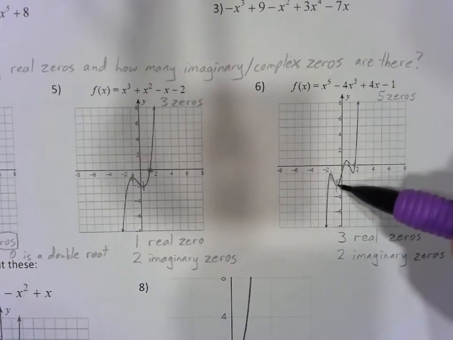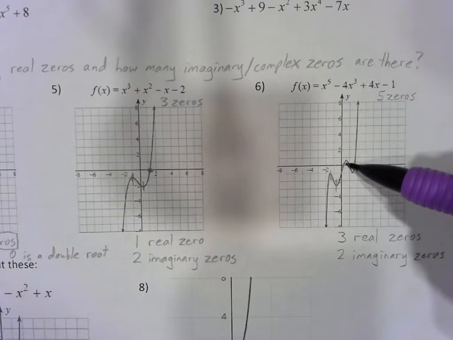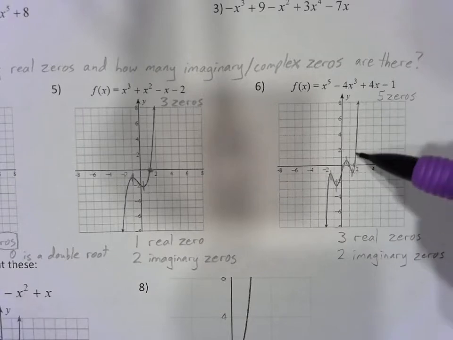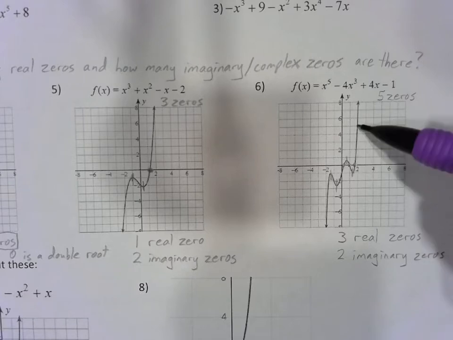Then it goes up, and it does cross the x-axis, so there's a real zero. When it comes back down, it crosses the x-axis, a second real zero. And finally goes up, crosses the x-axis for a 3rd real zero.